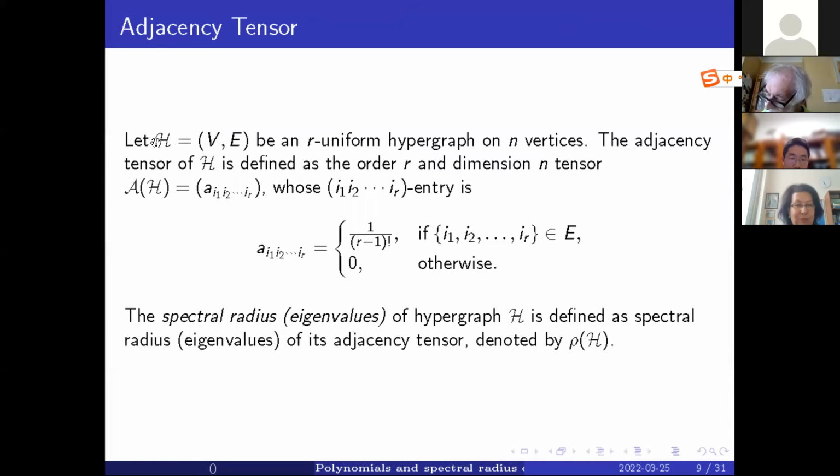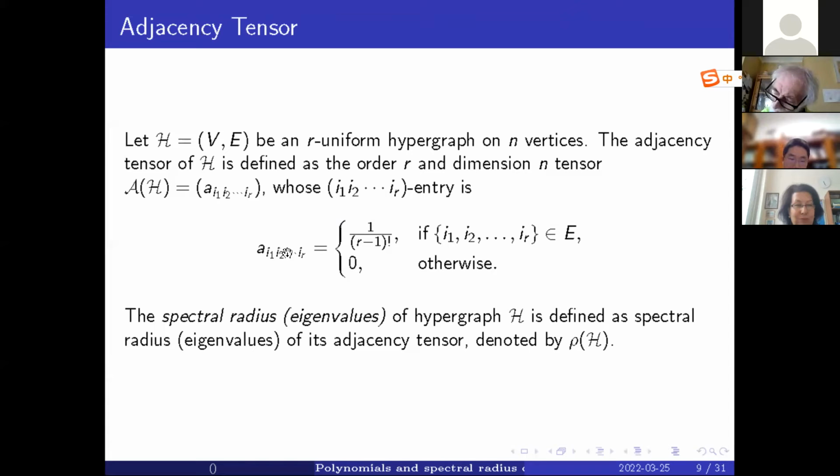This is the definition of the adjacency tensor of a hypergraph. Let H be an r-uniform hypergraph on n vertices. The adjacency tensor of H is defined as the order r and dimension n tensor whose entries are defined in this manner.